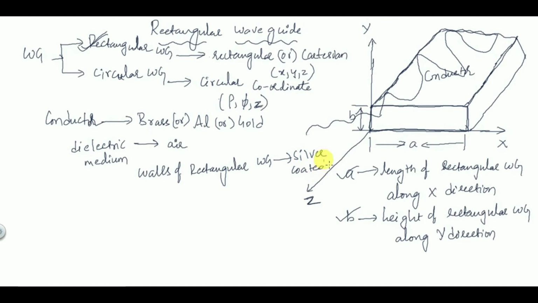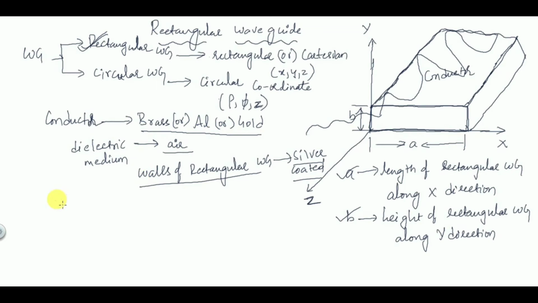If the walls are silver coated, then these reflections will be perfect without any loss, and the wave transmits from one place to another with minimum losses. So the walls of rectangular waveguide must be silver coated. All these are very important points.